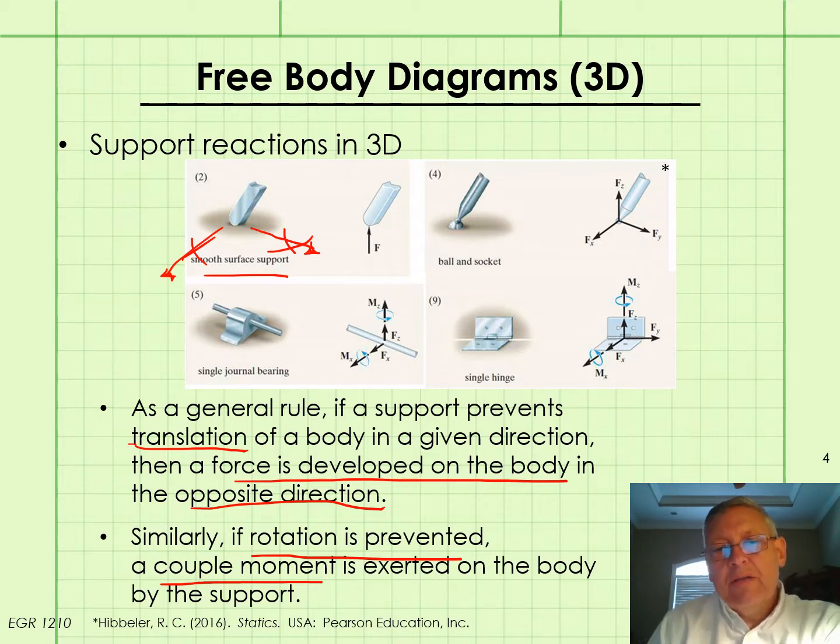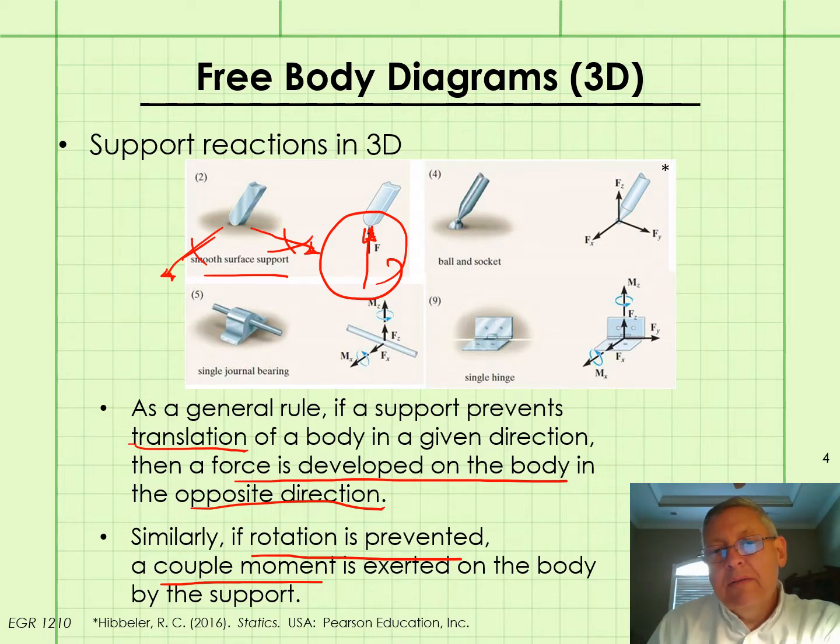The only thing it's doing is providing a normal force, a force perpendicular to the surface on the body. So out of the 6 potential reactions, the 3 force reactions and the 3 moment reactions, only 1 of the force reactions is present.